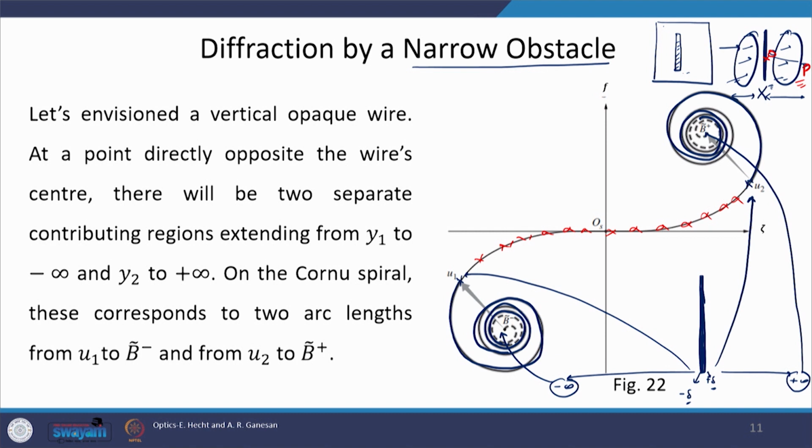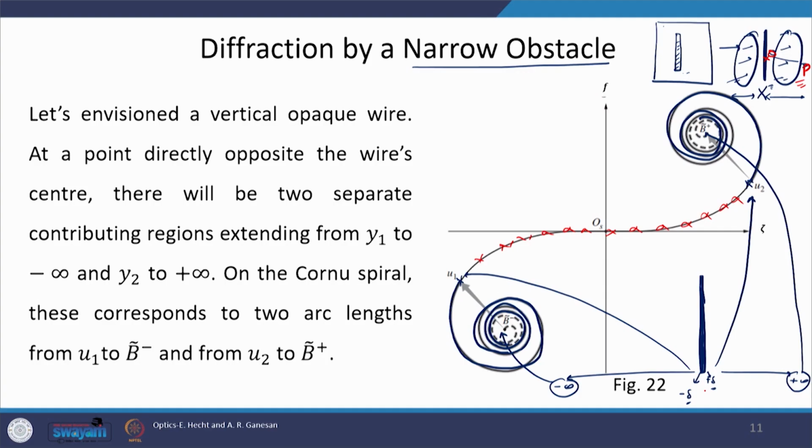Now, if you plot this case on the Cornu spiral, we get two chords. Why? Because there are two contributing regions, extending from y1 till minus infinity and from y2 till plus infinity.